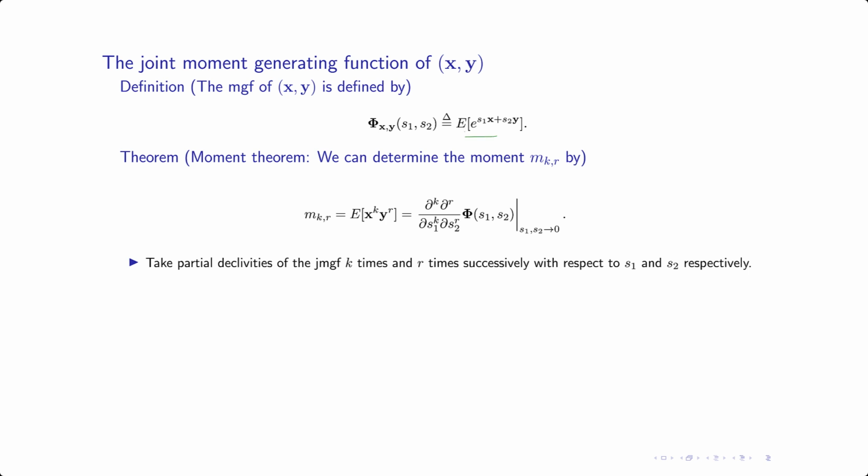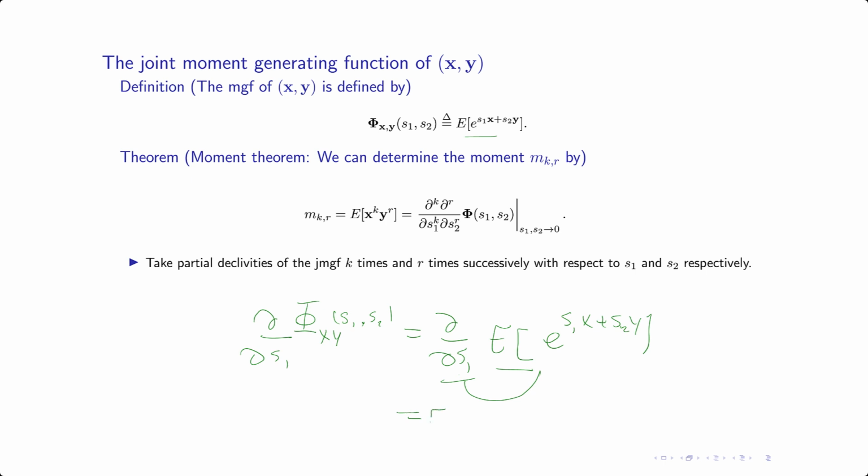The proof comes from here. If I calculate the derivative of phi_XY with respect to s1, what will I get? I will get the derivative with respect to s1 of the expected value of e to the power of s1·x plus s2·y. This derivative is a linear operation, and this expectation is an integral, so you can take the differentiation inside.